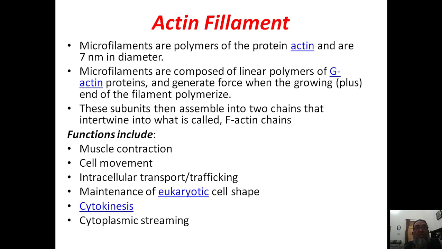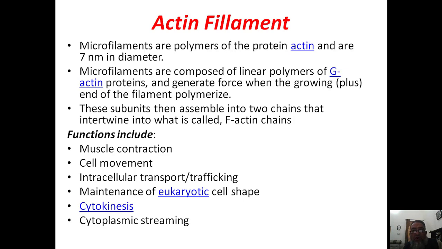Actin filaments are present and attached in the sarcomere, attached to the Z line. So they form the light band, and they are stationary proteins, whereas myosin is a protein which slides inside to show contraction or relaxation of the muscle.